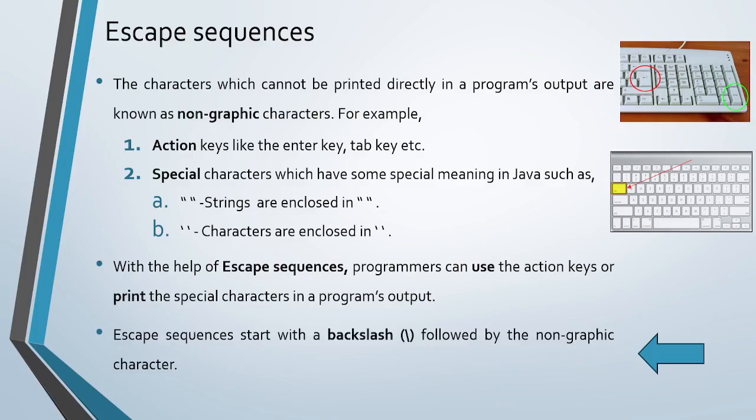As soon as backslash character is seen, Java understands they want to tell me something. It could be action key or it could be a special character which needs to be printed.